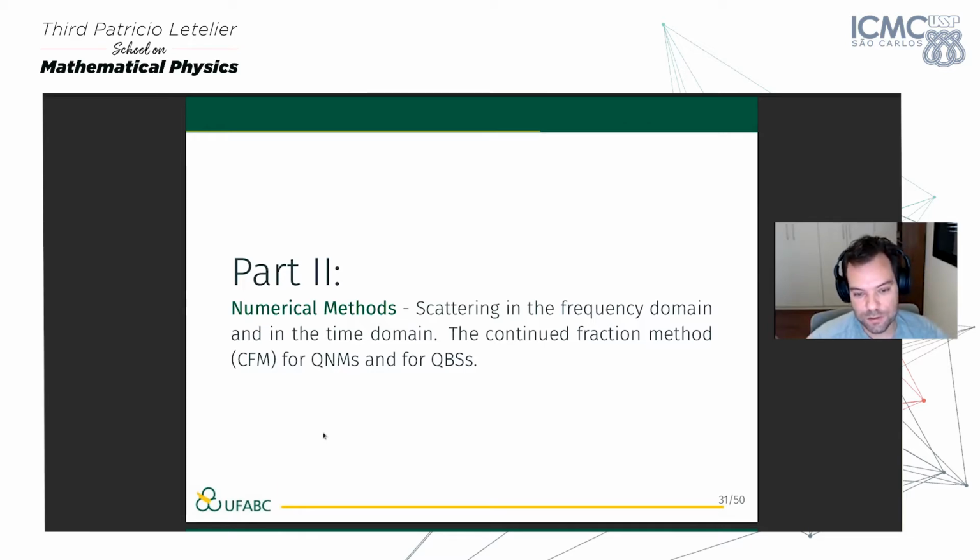In particular, we used that to find the eigenvalues of the angular equation for the scalar field around a rotating black hole, a Kerr black hole. And now we will keep going, and we will use the continued fraction method to find quasi-normal modes and quasi-bound states. We will also solve the scattering problem in the frequency domain and the time domain.